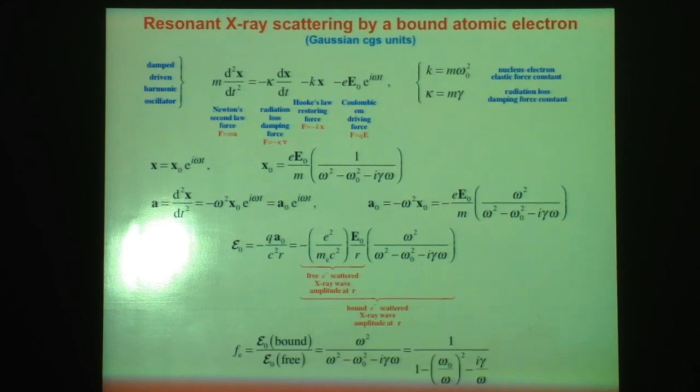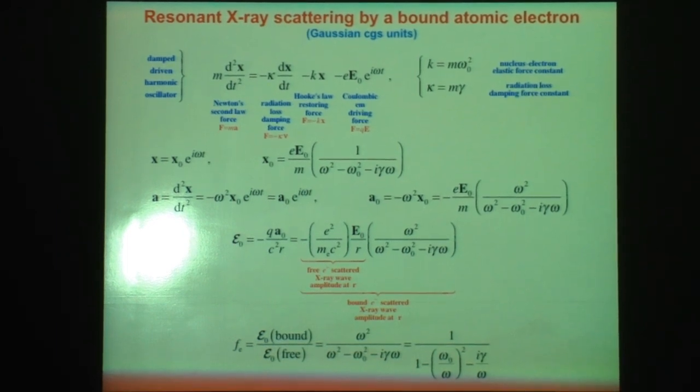So for a free electron, no restoring force, and if we're at a frequency far from a natural one, there is no dipole oscillation, so this part goes away, and the scattering factor for a free electron has value unity, because we're taking it as the ratio to the free electron scattering, which is this lump of constants times the amplitude of the incoming radiation, divided by the distance at which we're making our observation.